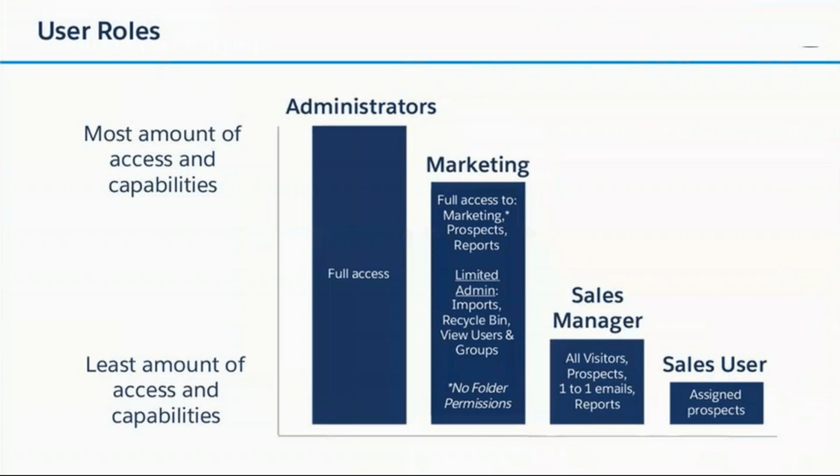When it comes to the sales user, they have very limited access. They won't be able to see all the prospects in the Pardot database. They won't be able to create emails, forms, etc. They can only send one-to-one email templates for the prospects assigned to them.